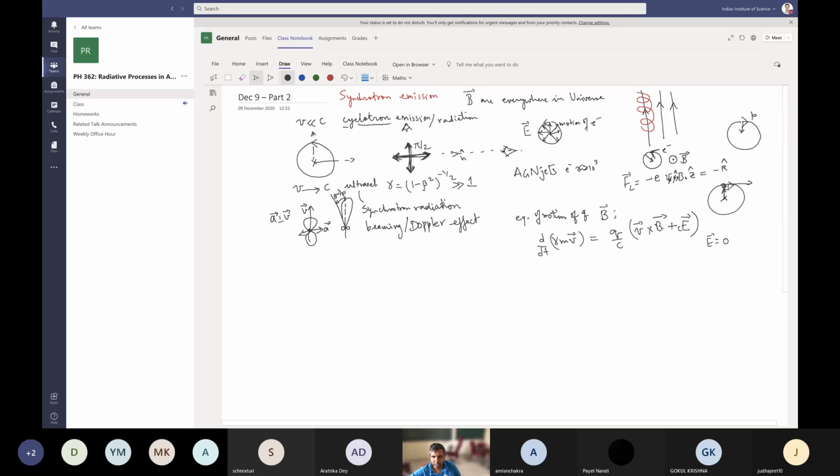So what about v dot this? This is nothing but q v dot E, and if we take the electric field to be 0, this is 0. The left hand side can be written as d/dt of gamma m c squared.